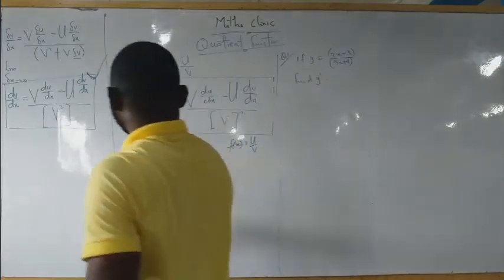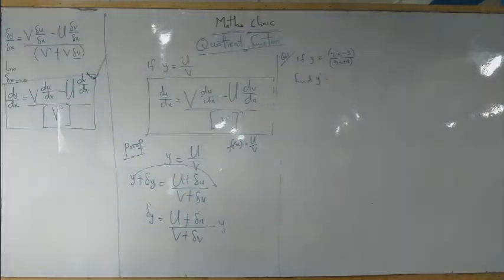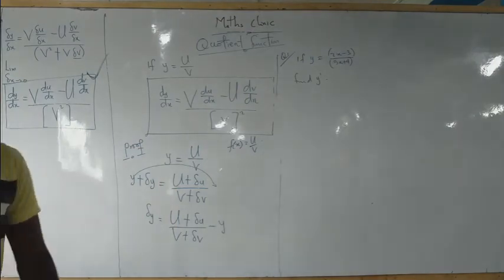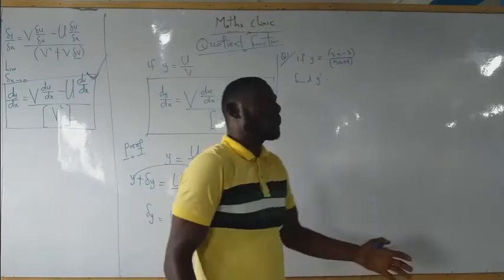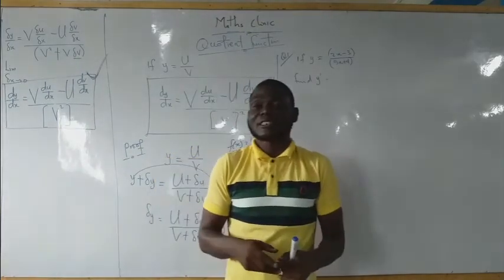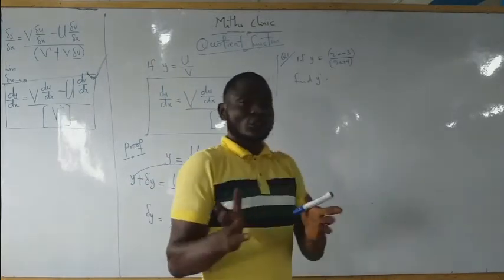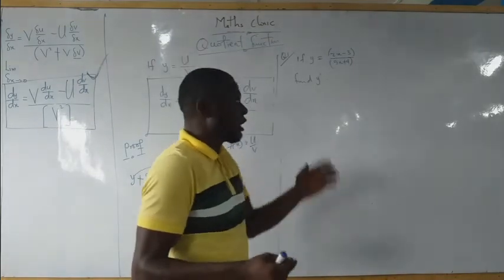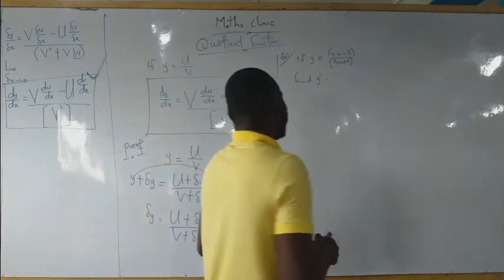Y prime is still the same thing as dy dx. Take note that y prime is still the same thing as dy dx, or f prime of x. Please take note. Or you call it the slope, the gradient.